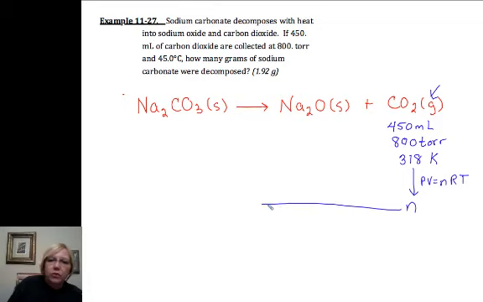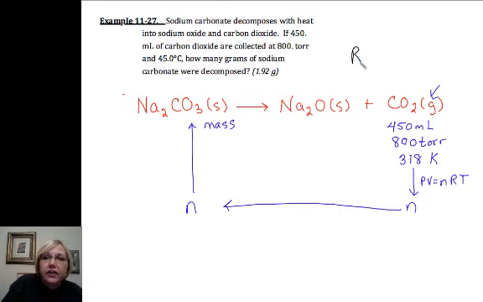And then I can go moles to moles. And then I can use moles to mass using molar mass. Now, be careful. Because of R, the units of R, we're going to use 62.4. It's liters torr per mole Kelvin. So that means that my volume has to be in liters.